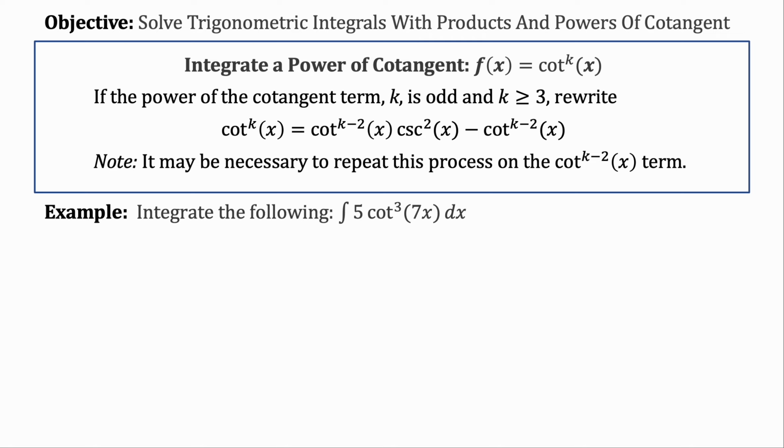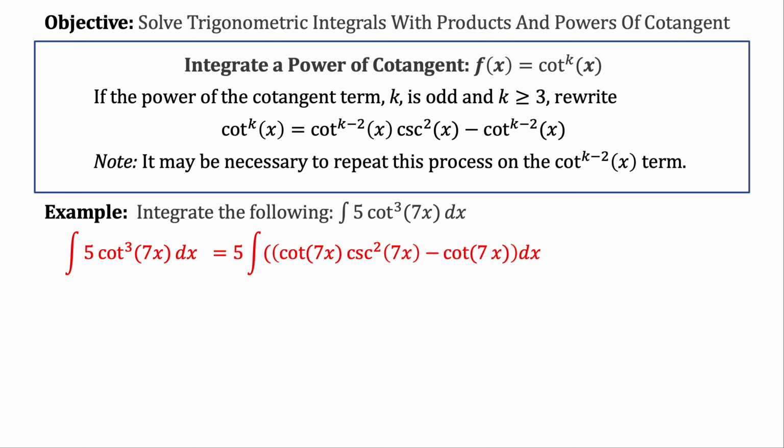Now let's look at one where we have an odd power on our cotangent. We're going to follow the same procedure, but we do have a slightly different u substitution. Let's take the 5 out in front, and we know we have to multiply through by 5 in our final answer.